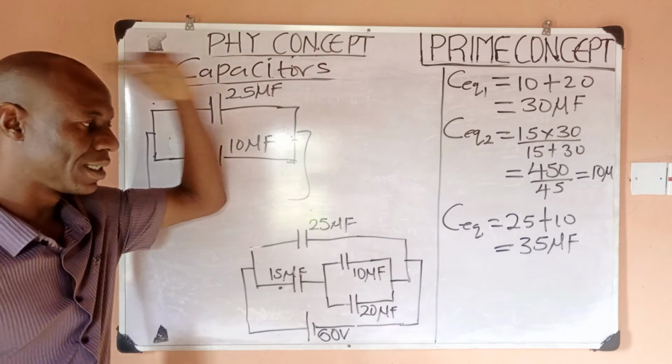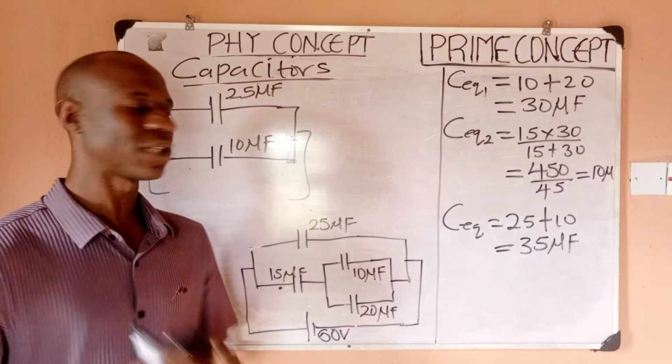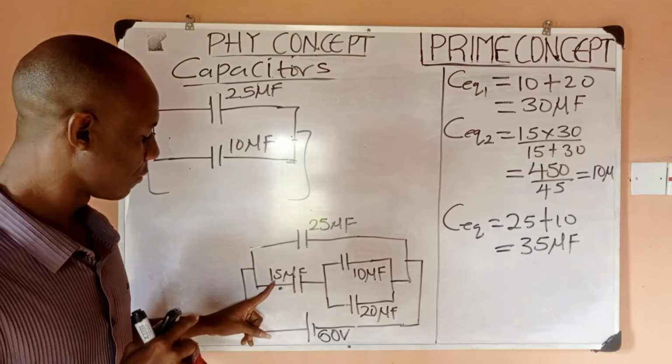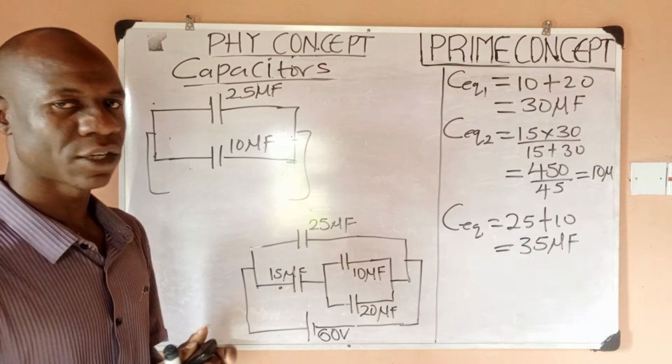And this is the equivalent capacitance of this whole system which we have gotten. This is the first part of the question. The second part of the question said we should get the charge flowing through the 15 microfarad capacitor.